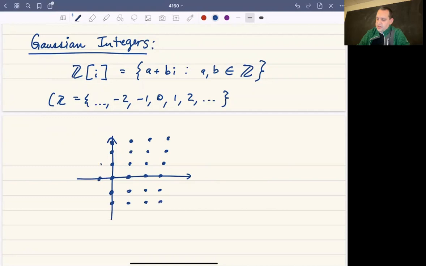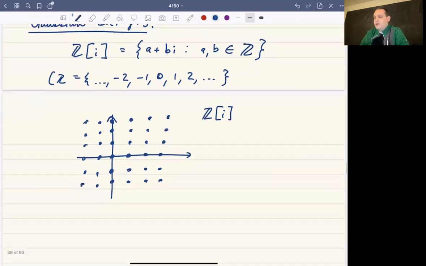And then, of course, it goes in the negative direction as well. I'm going to stop filling points out right now. So that's Z[i]. And of course, it goes infinitely far in all directions. These are the Gaussian integers. But we want to know, what are the Gaussian integers that are an integer distance away from the origin? That's what finding Pythagorean triples is all about.